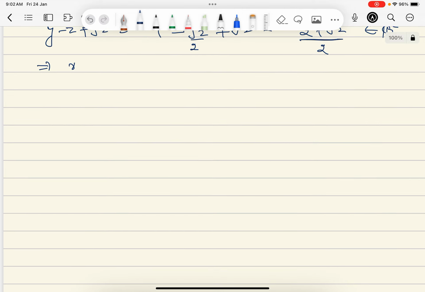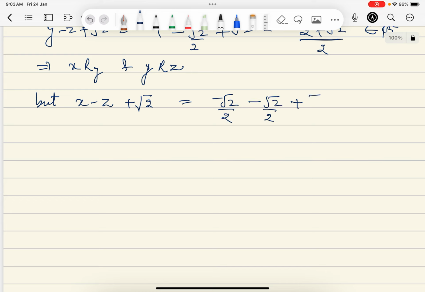This implies x related to y and y related to z. Okay, but x minus z plus root 2 equal minus root 2 upon 2 minus root 2 upon 2 plus root 2, which is equal to 0, and that does not belong to Q complement.